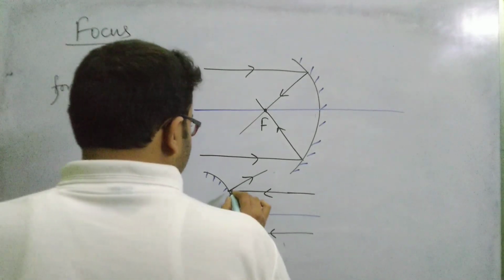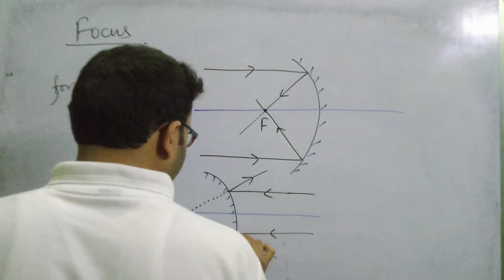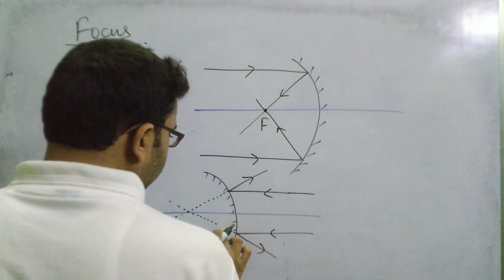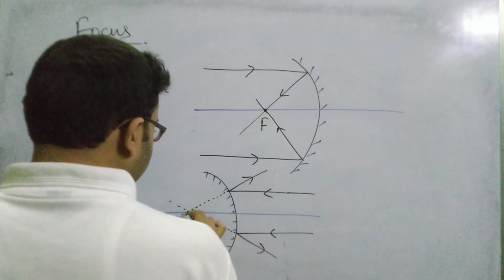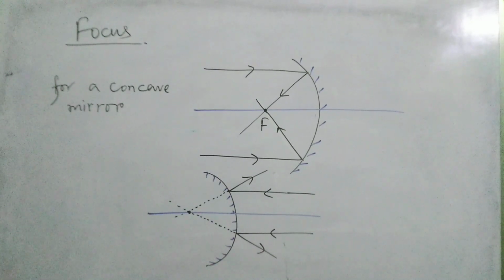But if we just extend backward the two reflected rays, we certainly get a point on the principal axis from which the reflected light rays seem to be diverging. This is a very important fact. The reflected light is not actually meeting, but if we trace back those reflected light rays, they appear to meet at a point, or we can also say that they seem to diverge from a point, isn't it?